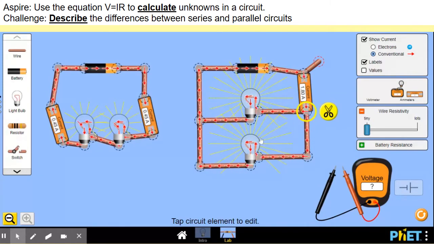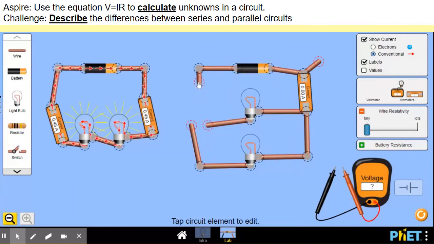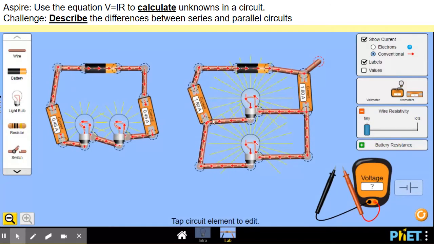Well, let's see if it's the same all the way around. Let's put another ammeter over this side. Let's see what it's like over there. Okay, so that's the same. We've got 1.8 amps on the side coming out of the battery and 1.8 amps going back in. That makes sense. The same amount coming back in is going out. It's not disappeared anywhere. Let's have a look at the two separate branches then.